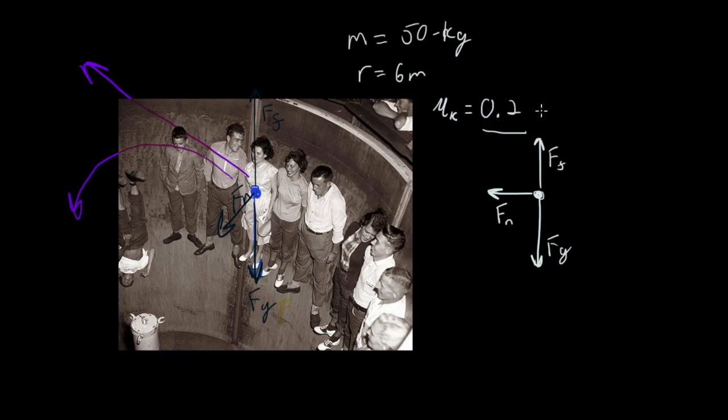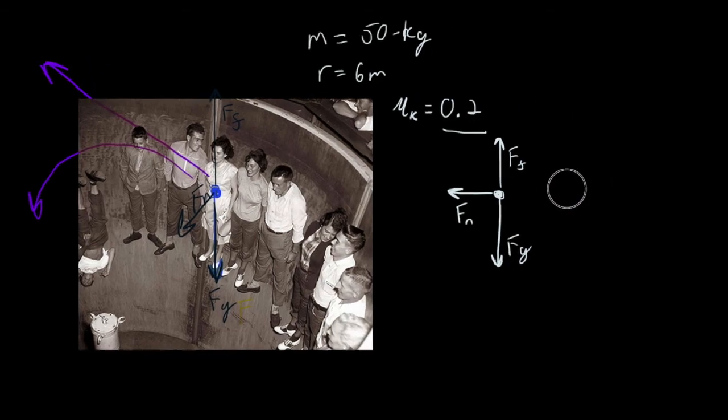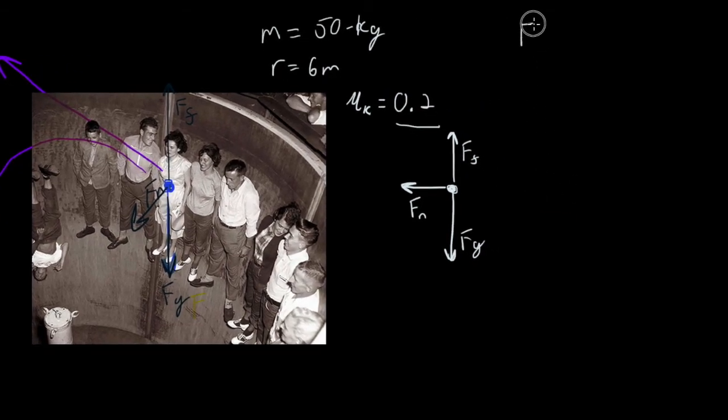Okay, with all of that in mind, let's start to make some equations here. So my force of friction, that's the thing that I'm going to be looking for here. That's going to be equal to force normal times the mu k. And in this context, that force of friction has to balance out the force of gravity. So force of gravity has to equal force of friction.